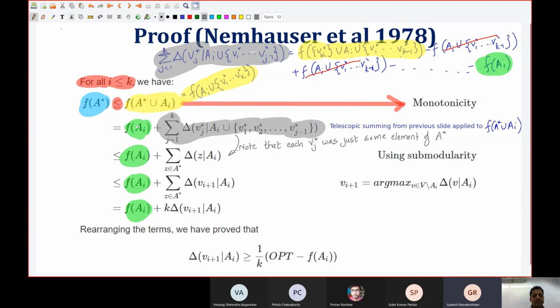So therefore, instead of bothering ourselves with the index on the v_j star, we'll do away with the index. I'll just call it z.